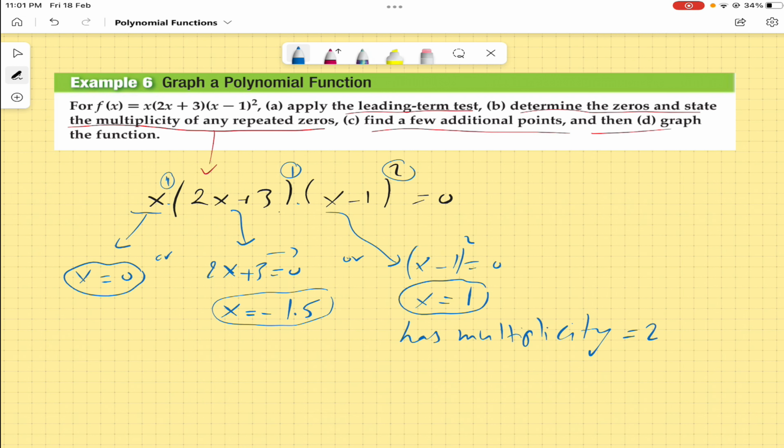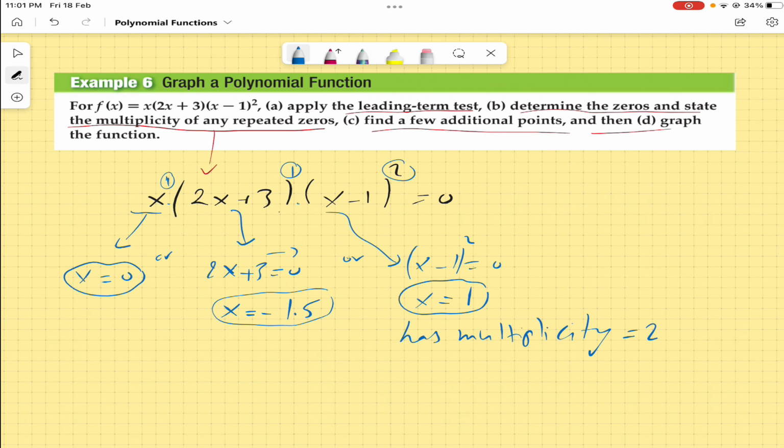Regarding the leading coefficient, from here the coefficient is 1, and here the coefficient is 2, and here the coefficient is 1. Multiplying the coefficients, we're going to get 2. And this is what we need. The rest we don't need. Degree is 4, even, and the leading coefficient is positive, which means that both arms are up.